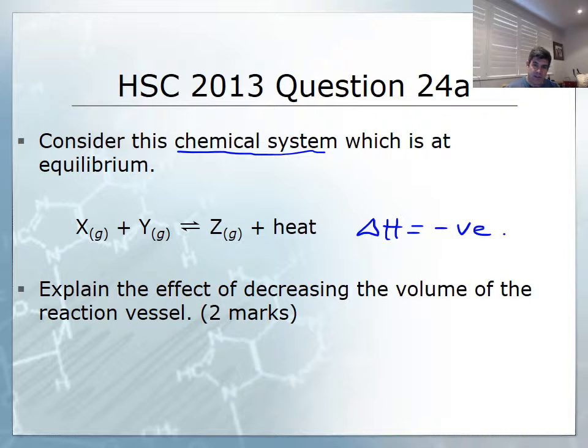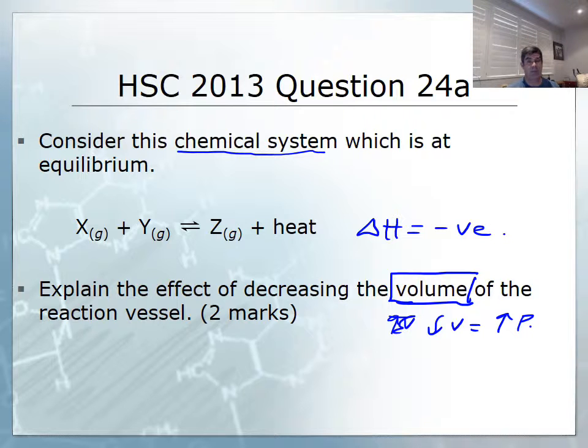Well, if we decrease the volume of the reaction vessel, we're going to increase the concentration of all the species. Okay, so the concentration of all of them is going to go up. But another consequence, if we keep the temperature the same, of decreasing the volume, will be an increase in the pressure.